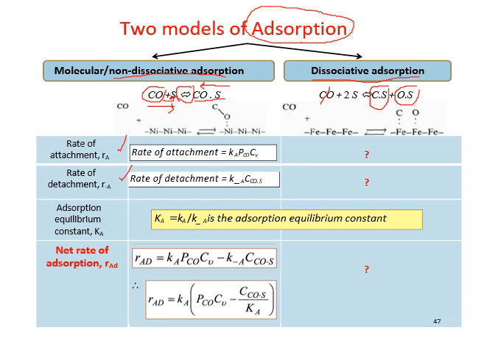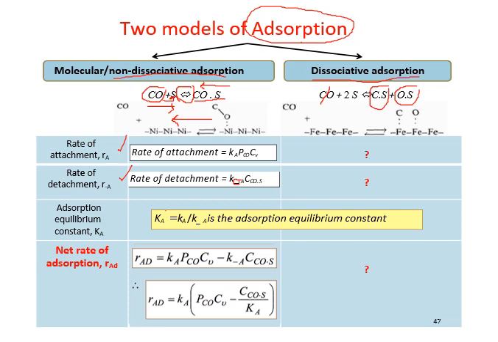For detachment, the equation is CO.S decomposing into CO plus S, and let's say the rate constant is K minus A. This indicates detachment. So we can write the rate of detachment as the rate constant K minus A times the concentration of sites occupied by carbon monoxide.